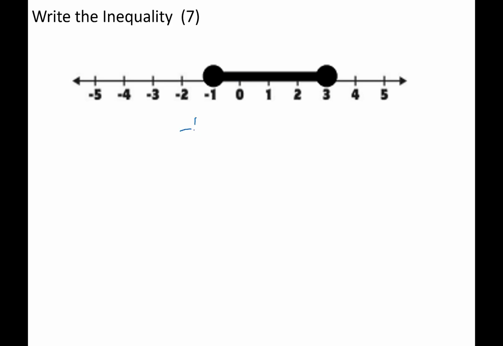So I've got -1, and we know that has to be less than. Since it's a closed circle, it's also less than or equal to. Then I'm going to put my x, my variable, in the middle. That's going to be less than or equal to, in this case, because we have a closed circle, 3.